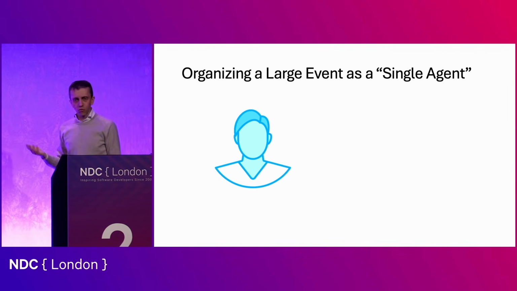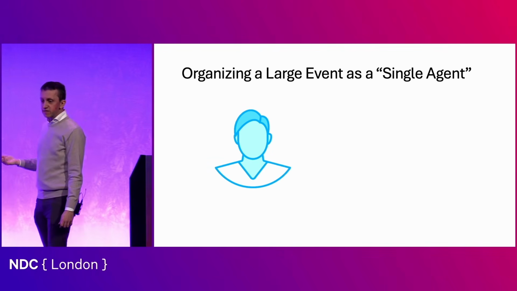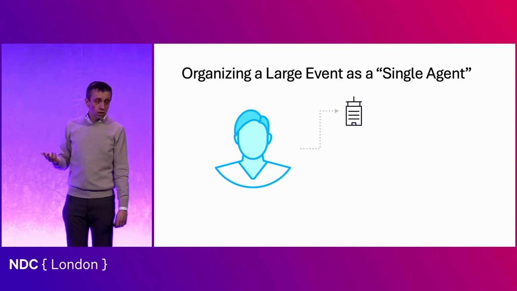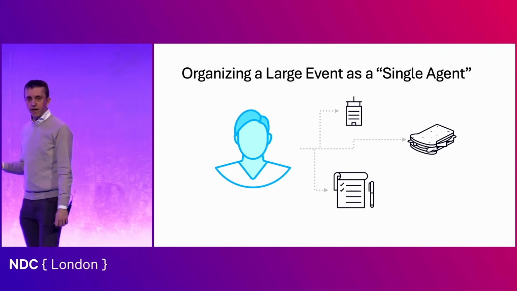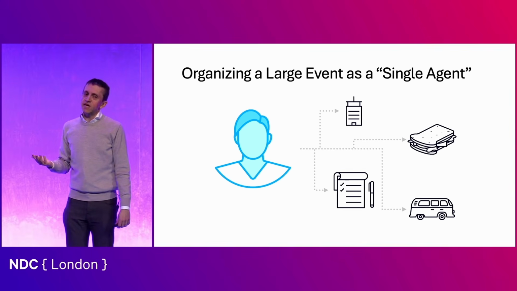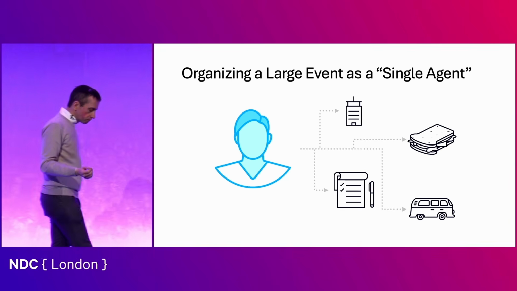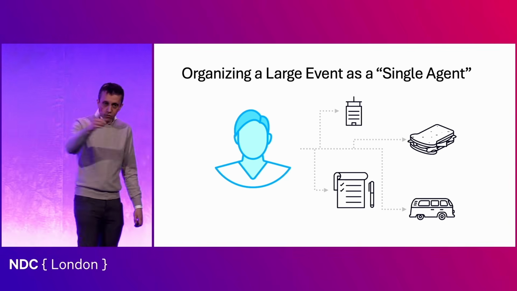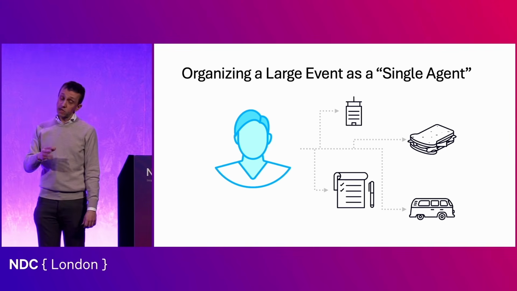Say that you are asked to organize an event like this. If you are the only person doing that, that means single agent. You have to do the venue, the catering, the speakers, and you have to get the speakers here, so the travel. You probably will make a mistake somewhere, because it's too much context. It's too much going on. The whole idea behind agents is, you don't have one person doing that, but you and a few other people, and each of them takes a specific task at which you're good.